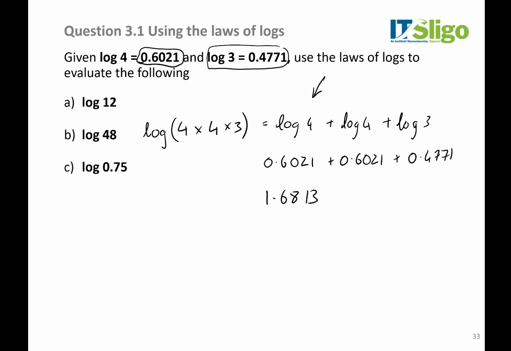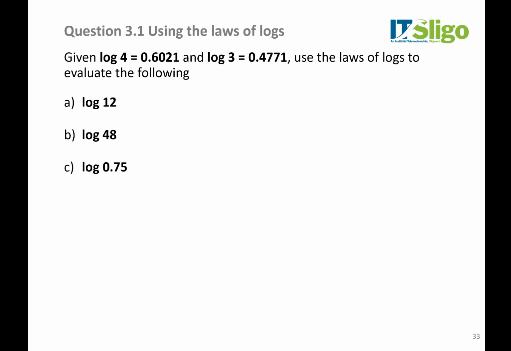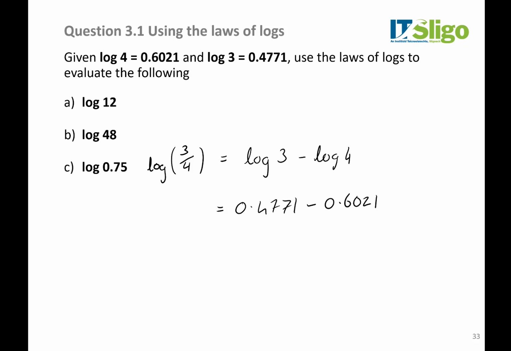Last one, log of 0.75. Well, that's the log of 3 over 4. Using rule 2, that's the log of 3 minus the log of 4. 0.4771 minus 0.6021. Our answer is going to be negative, but that's because we're looking for a value less than 1.